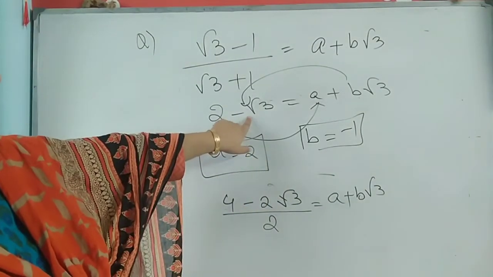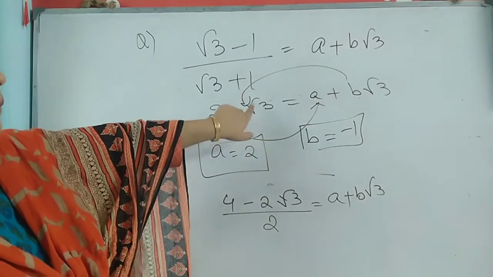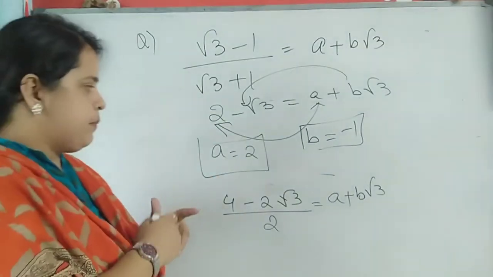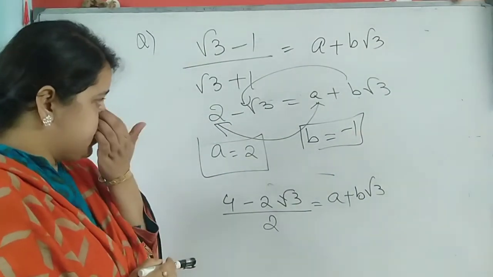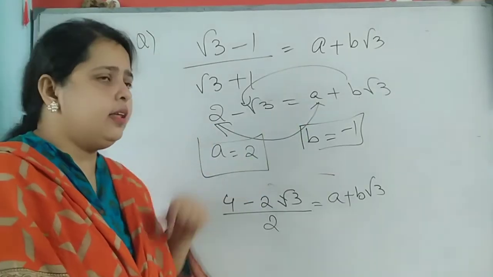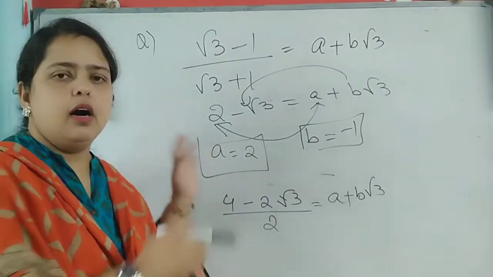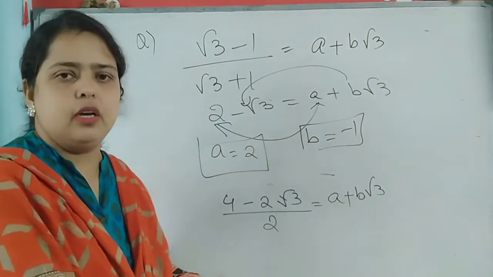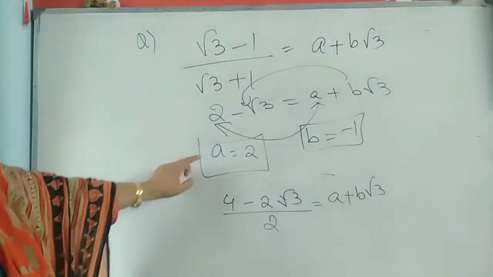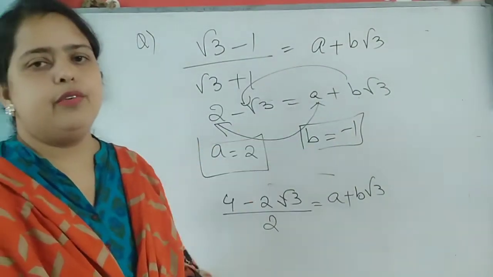That means the coefficient of root 3 here is minus 1. This is by the method of equating the coefficients of the rational part and irrational part. So this is the value of a, this is the value of b.